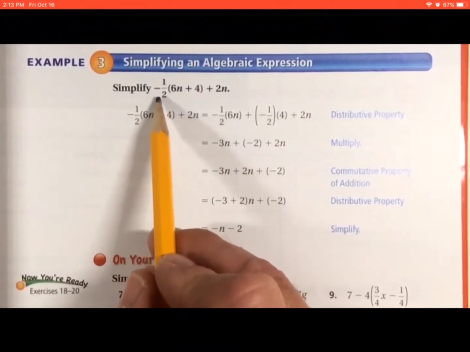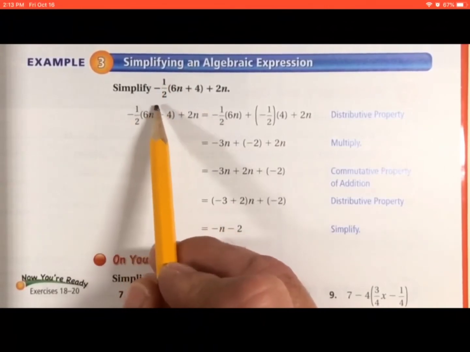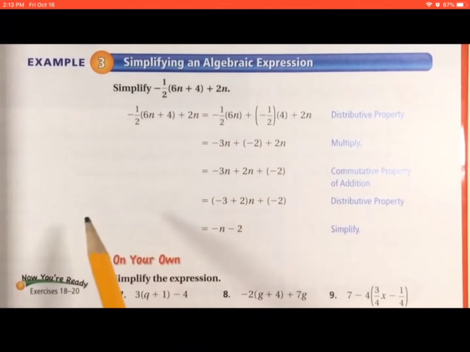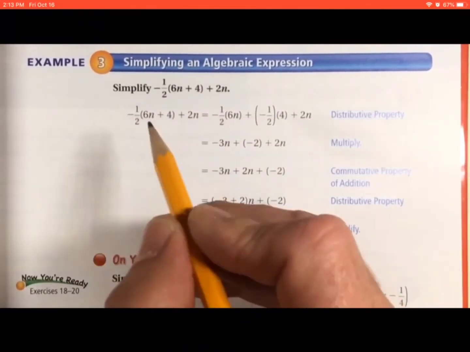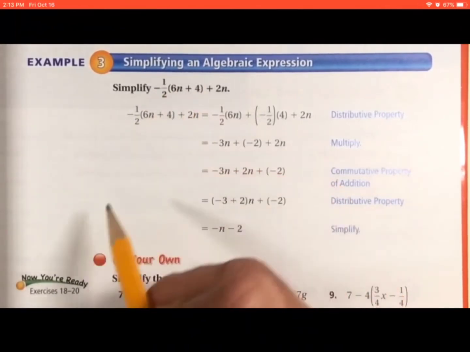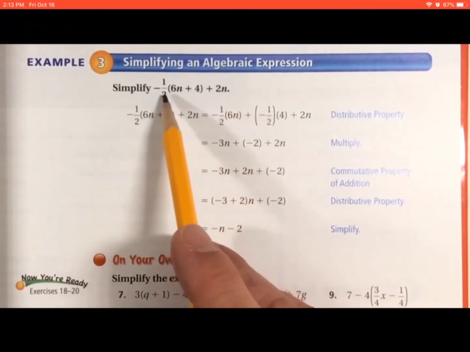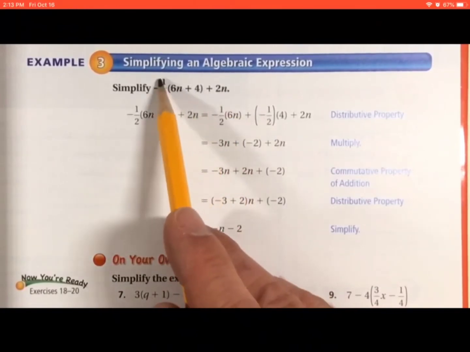So this negative 1/2 is multiplied by 6n, and the negative 1/2 is multiplied by the 4. It's called the distributive property because we're distributing this value to each term inside the parentheses. I do not distribute it to the 2n because the 2n is not in the parentheses that this is touching.